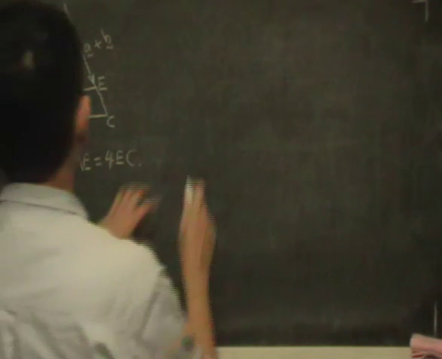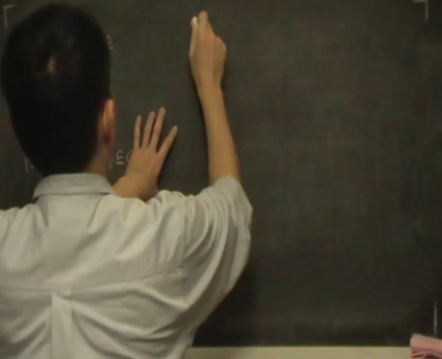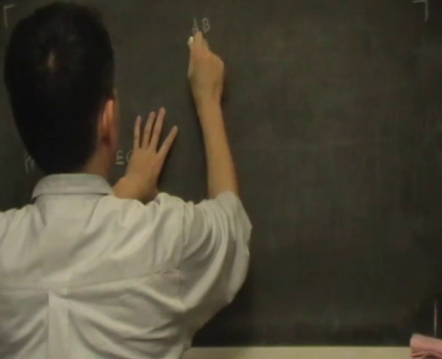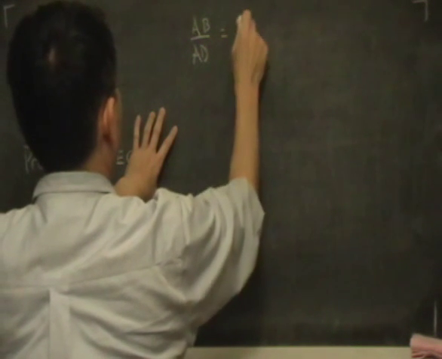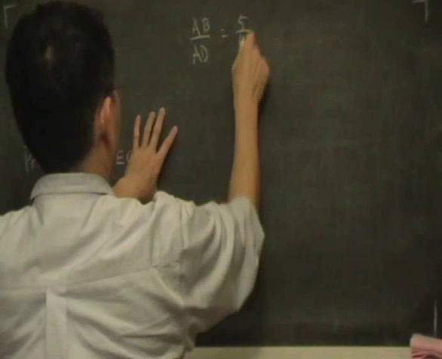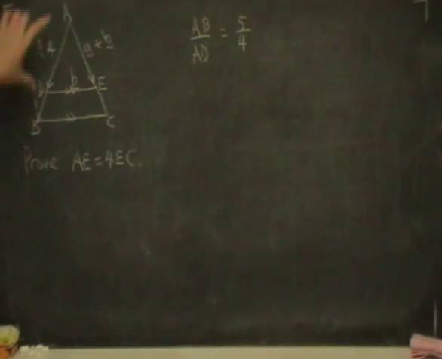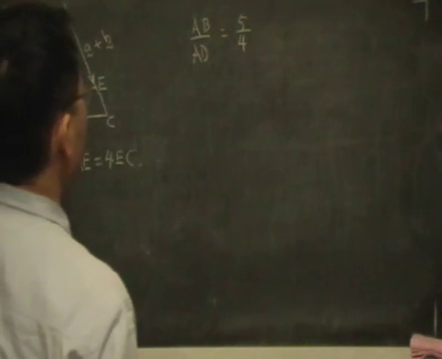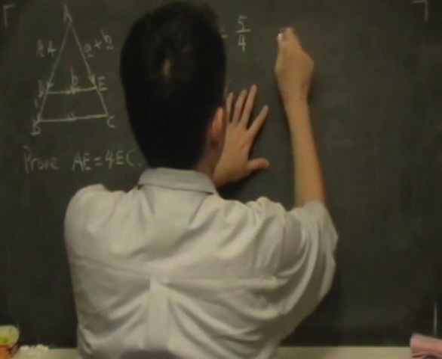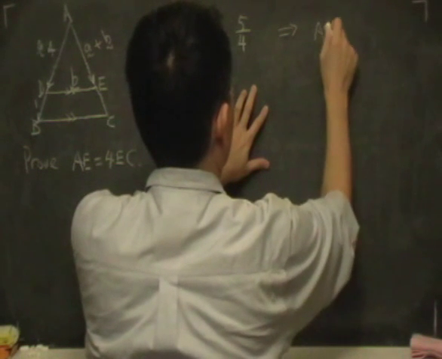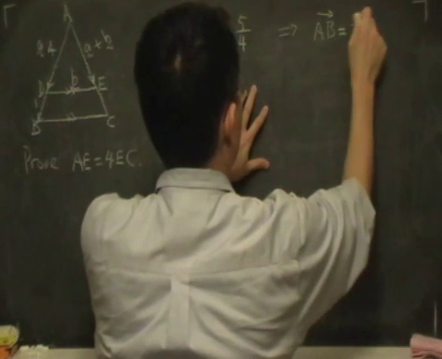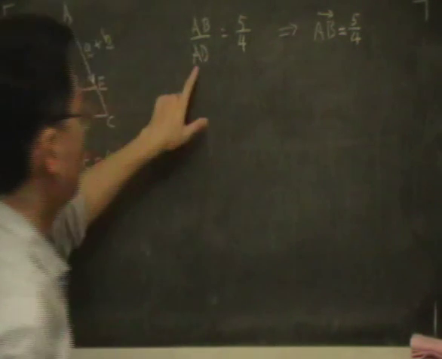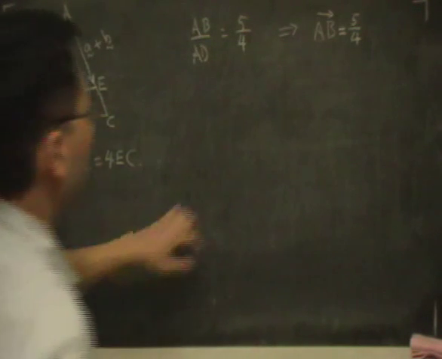Let me write this out, because AB over AD is actually 5 over 4 because of that ratio. Therefore, the vector AB must be 5 over 4 times AD, which is the letter A there.